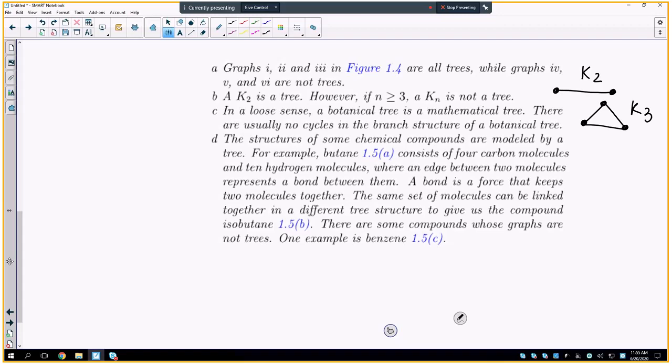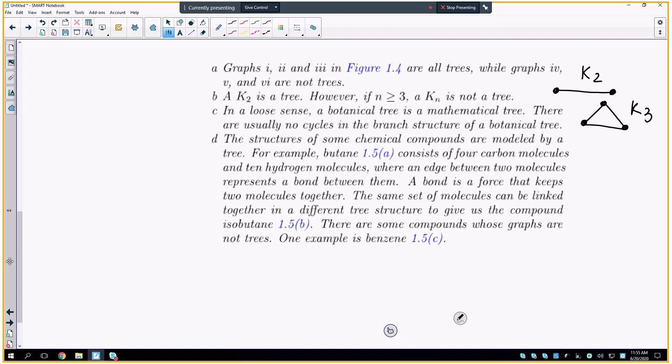So in a loose sense, botanical trees, the trees that we actually see in nature, are all mathematical trees. There are usually no cycles in the branch structure of a botanical tree, and that's how mathematicians gave the name to this special type of graph, a tree. The structures of some chemical compounds are modeled by trees.